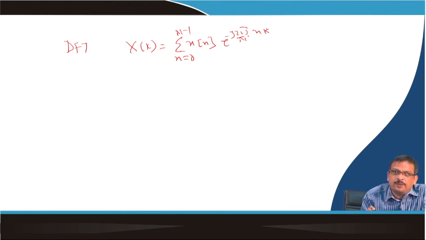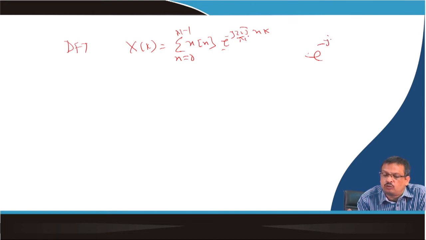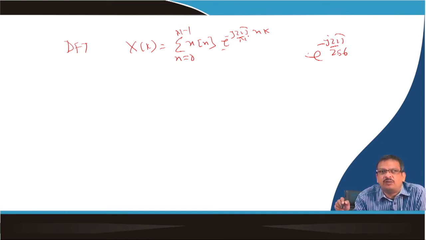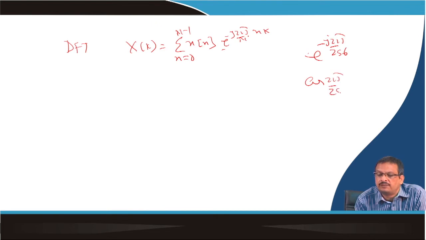Instead of calculating this every time, if it is 256, I can calculate that coefficient separately, which is cos 2 pi by 256 minus j sin 2 pi by 256.